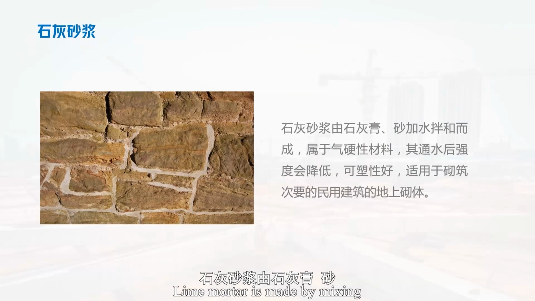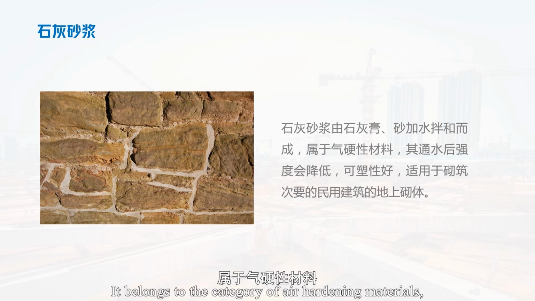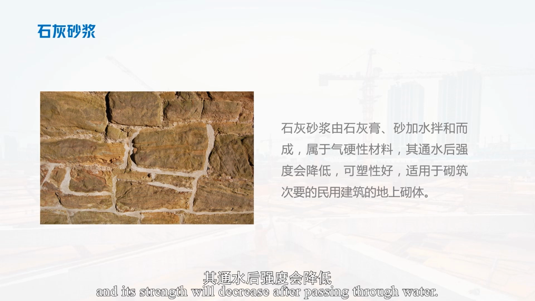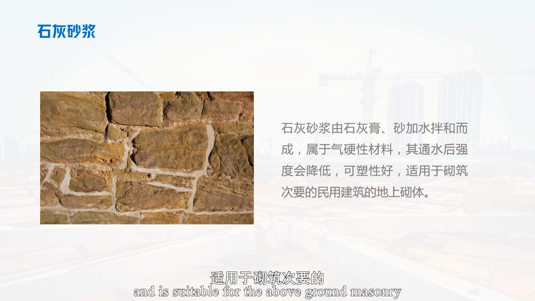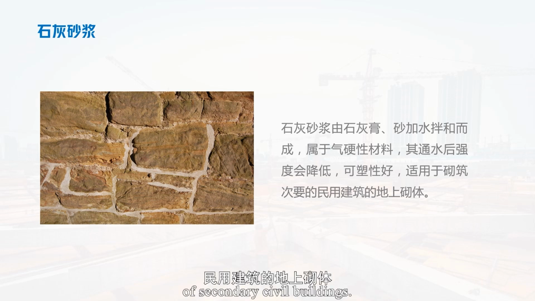Lime mortar is made by mixing lime paste, sand, and water. It belongs to the category of air-hardening materials, and its strength will decrease after passing through water. It has good plasticity, and is suitable for the above-ground masonry of secondary civil buildings.